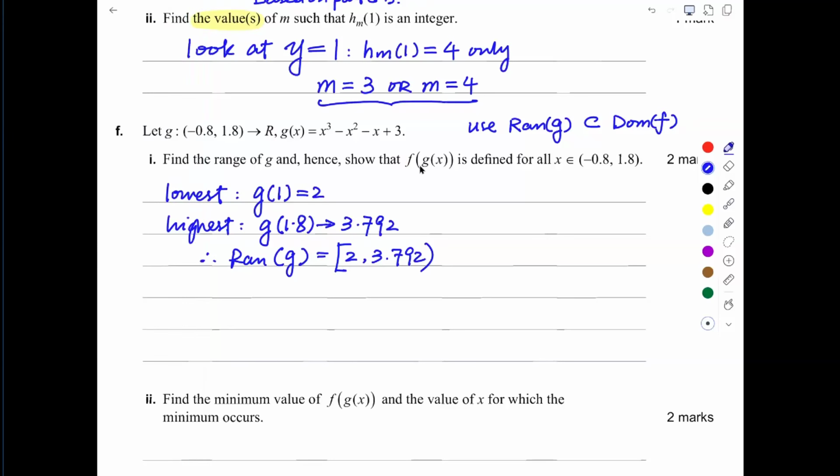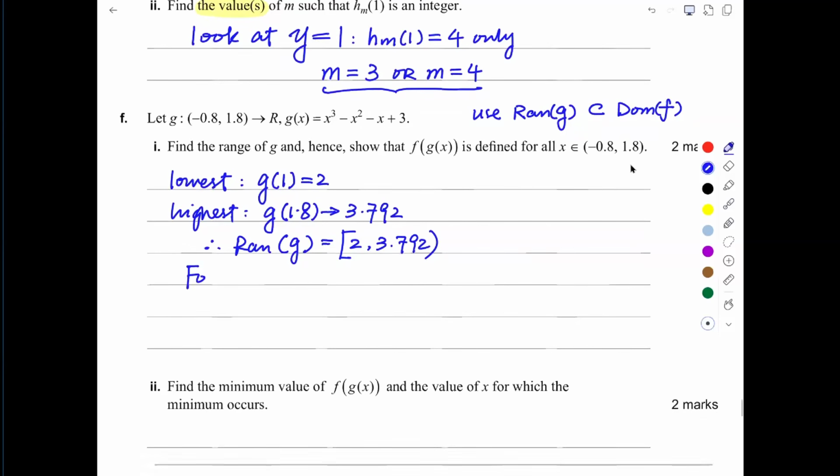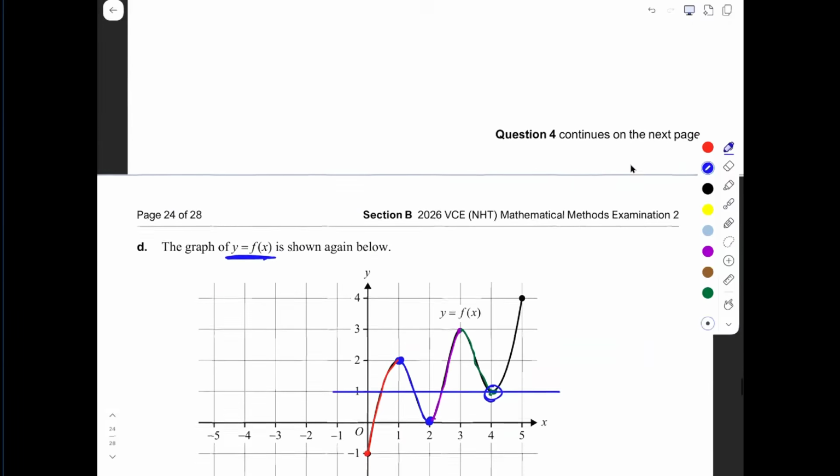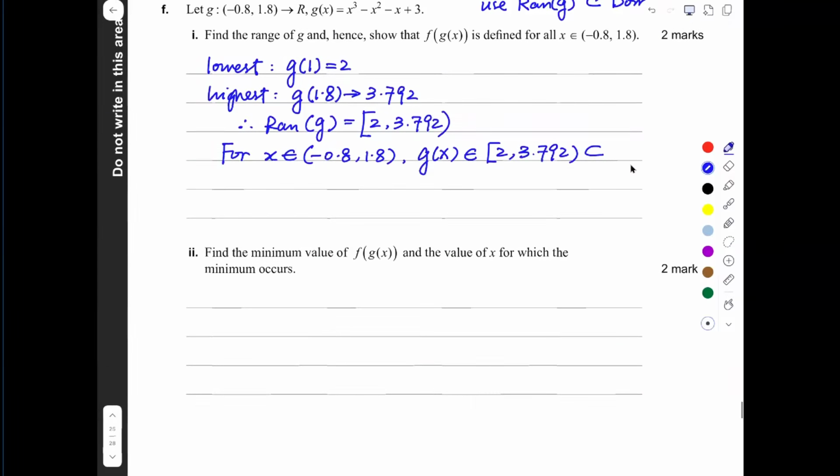Why does the question say show that fg is defined for all x belonging to minus 0.8 to 1.8? We say for x belonging to minus 0.8 to 1.8, g of x belongs to 2, 3.792. This is a range. And is that a subset of the domain of f? Domain of f was overall 0 to 5, okay?